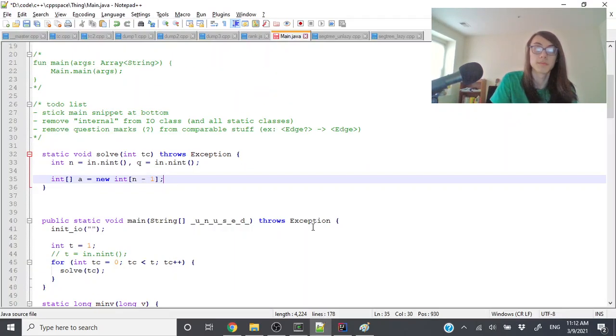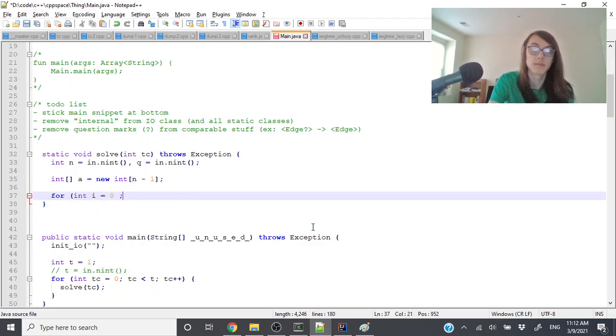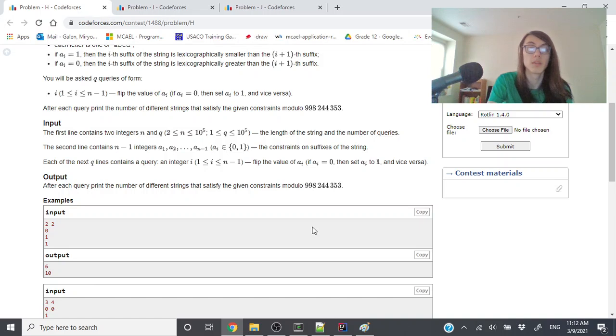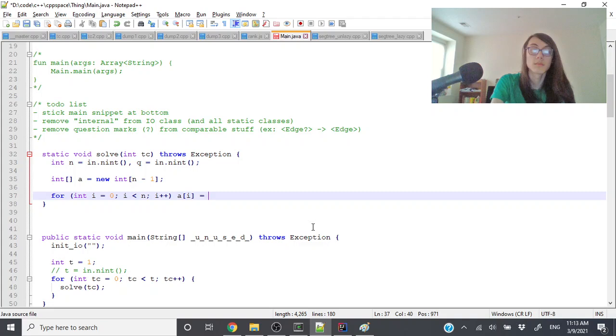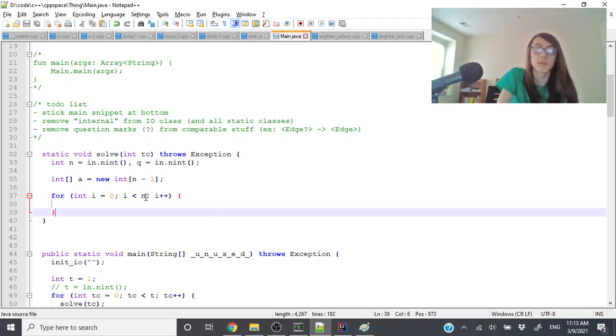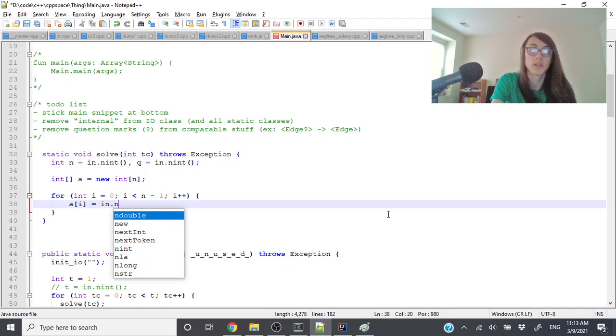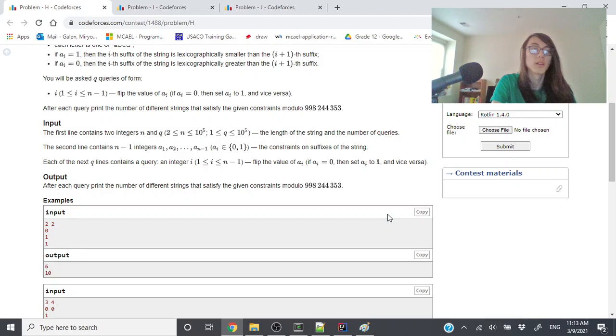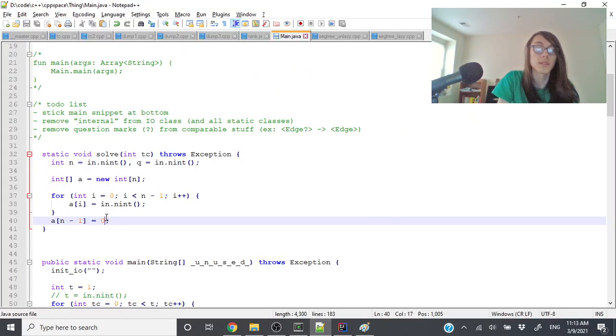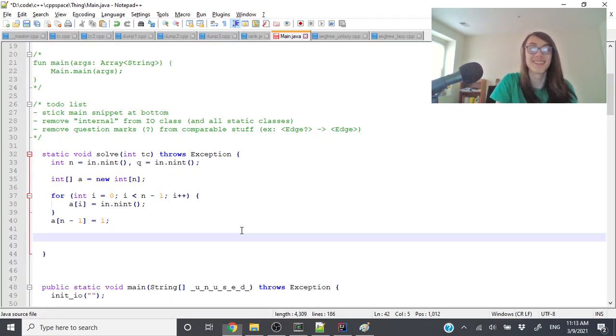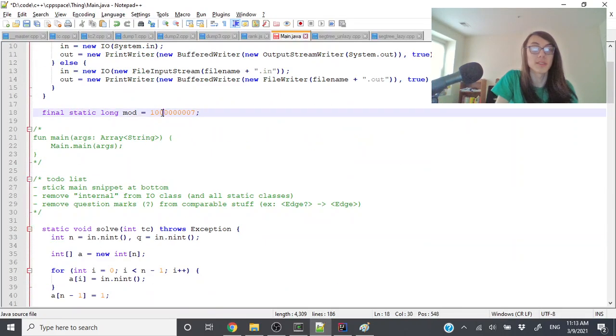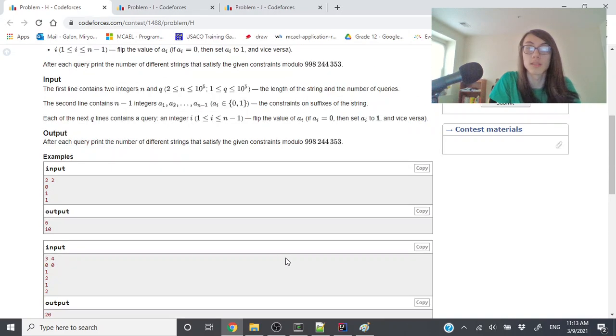Alright, this has to be 1. Then the mod is 998244353, right? Yes. Okay.